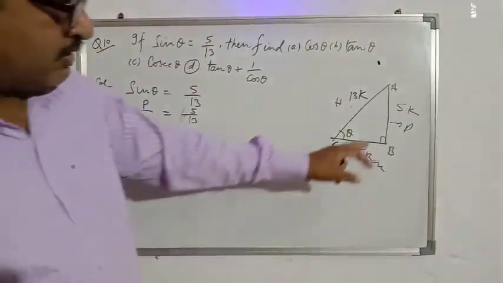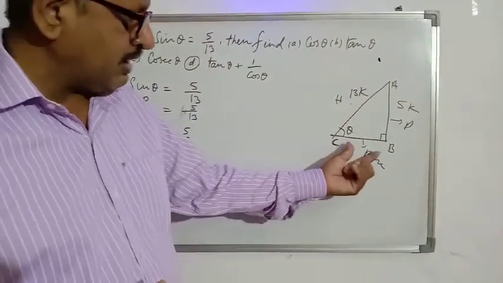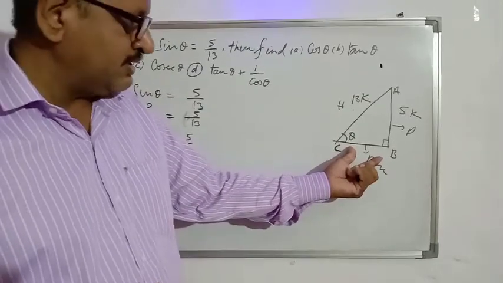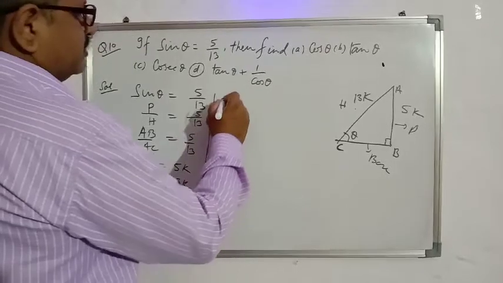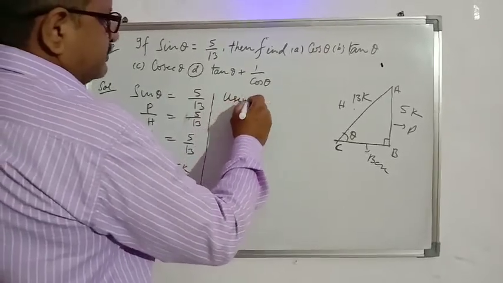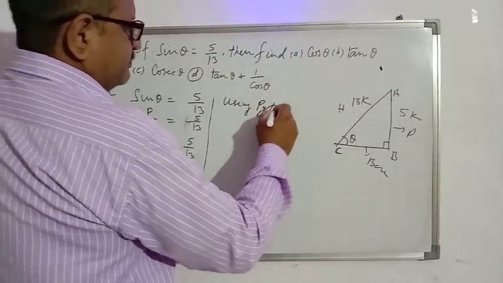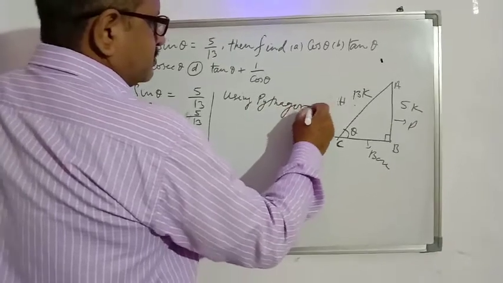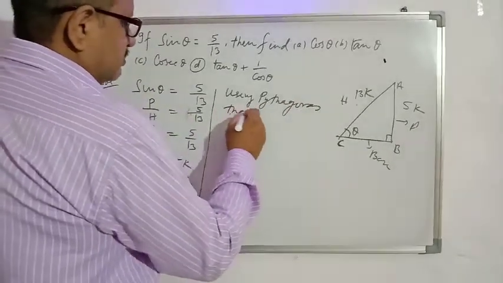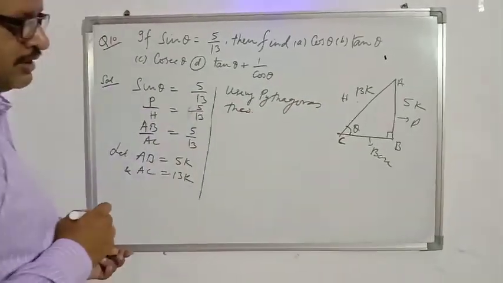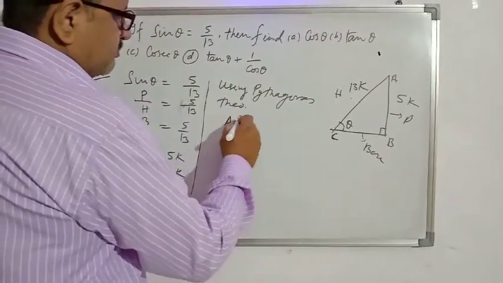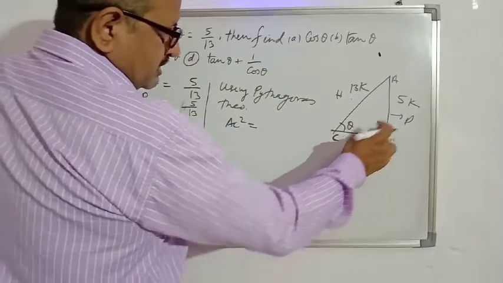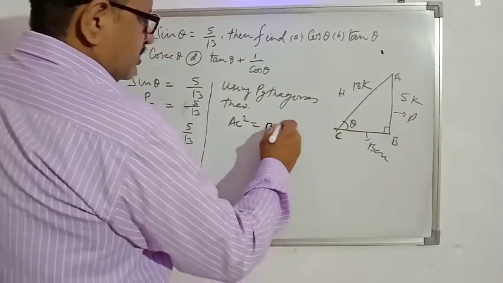So two sides are known, AB and AC. Using Pythagoras theorem, we will find BC, the base. According to Pythagoras, the square of the hypotenuse, AC square, is equal to BC square plus AB square.